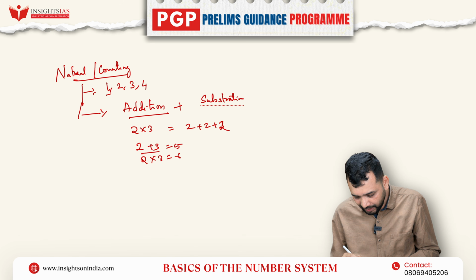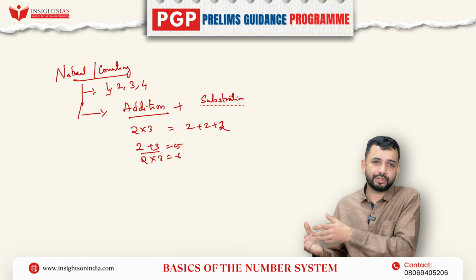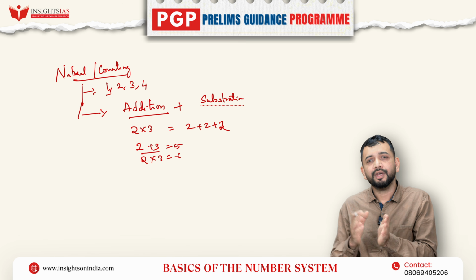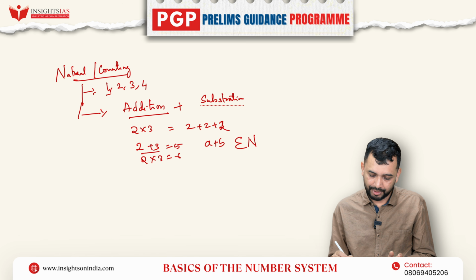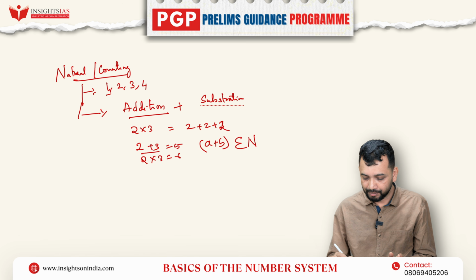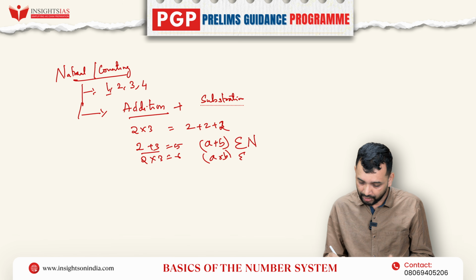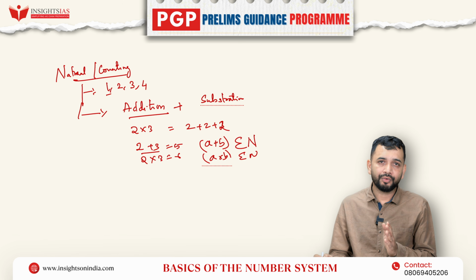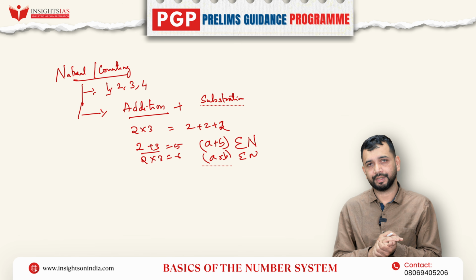Anything you get by adding or multiplying two natural numbers will also be a natural number. A plus B belongs to natural numbers, and if both A and B are natural numbers, A into B also belongs to natural numbers. However, this will not hold true for subtraction or division.